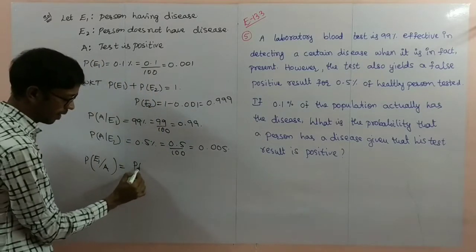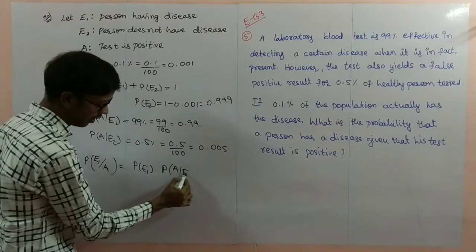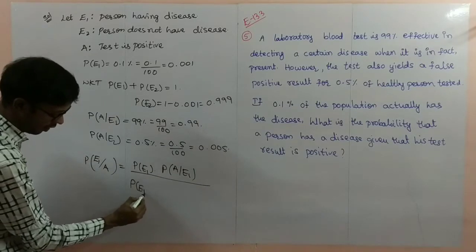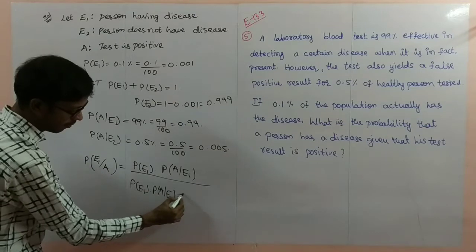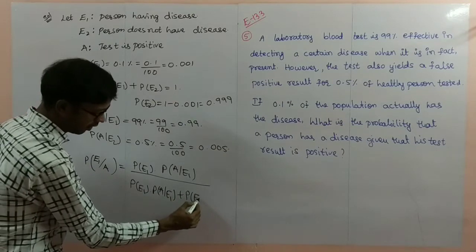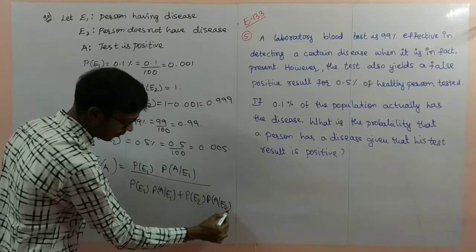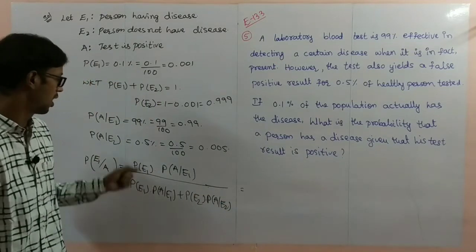So the formula: probability of E1 into probability of A given E1, divided by probability of E1 into probability of A given E1, plus probability of E2 into probability of A given E2. So substitute all the values here.